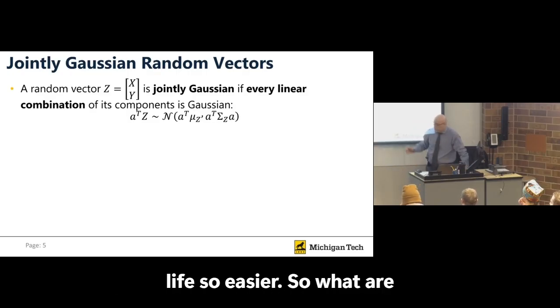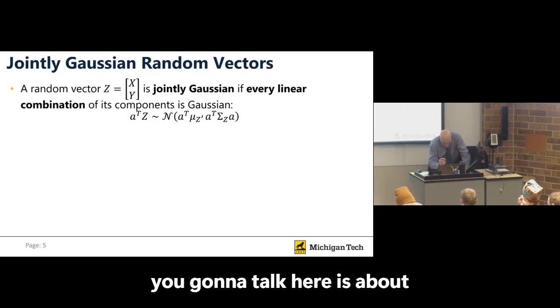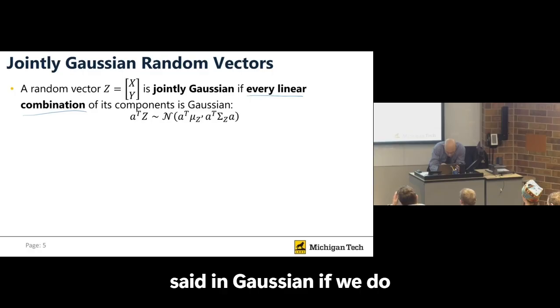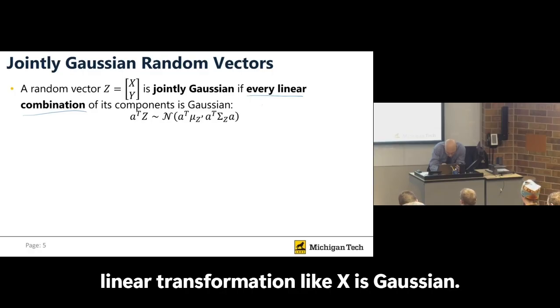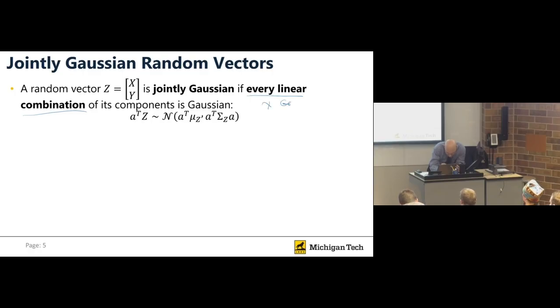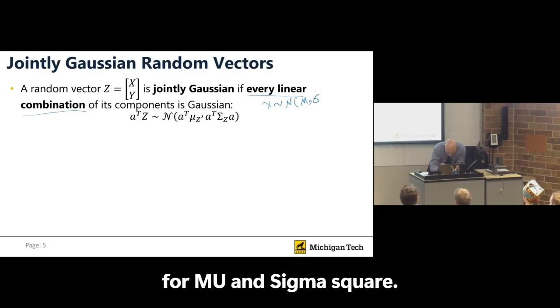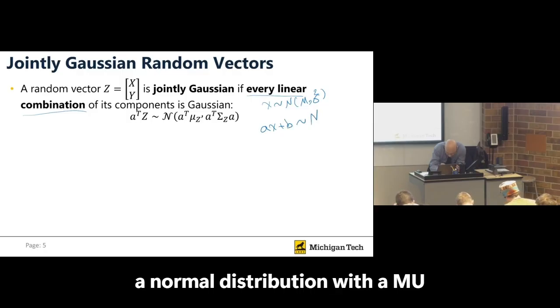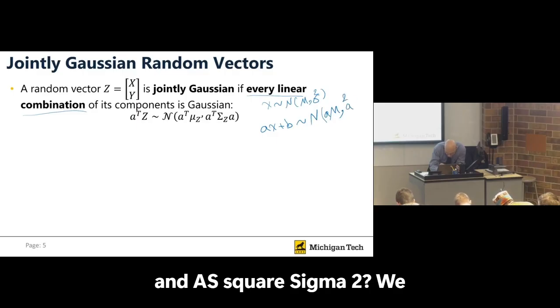Makes life so much easier. So what I'm going to talk about here is linear transformation. If you remember, we said for a Gaussian, if we do a linear transformation, like if x is Gaussian, or normal, with mu and sigma squared, then ax plus b is also a normal distribution with a mu plus b and a squared sigma squared.